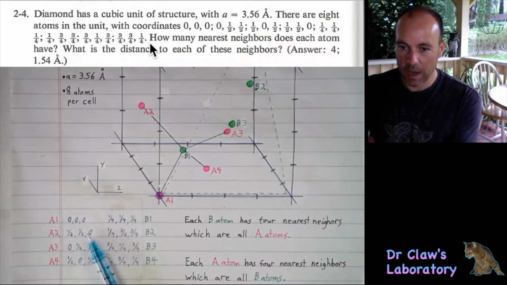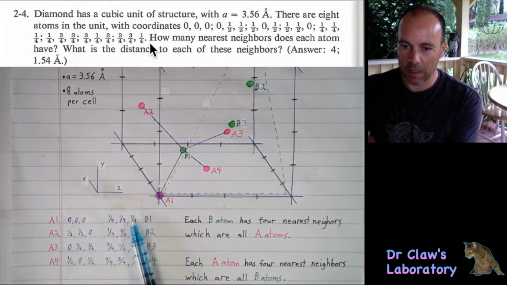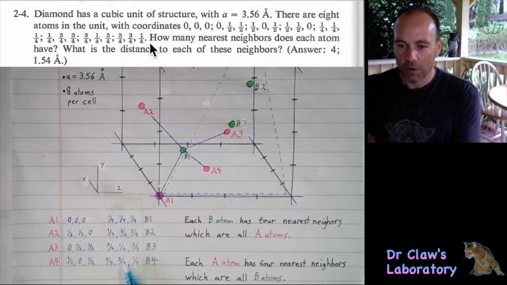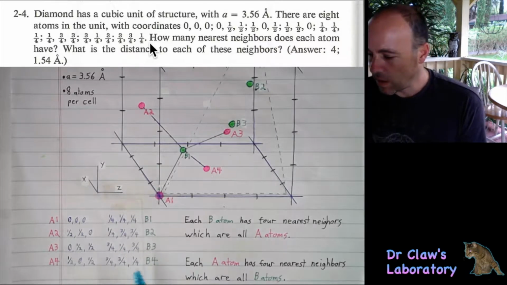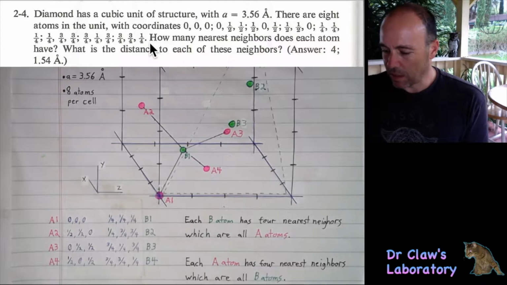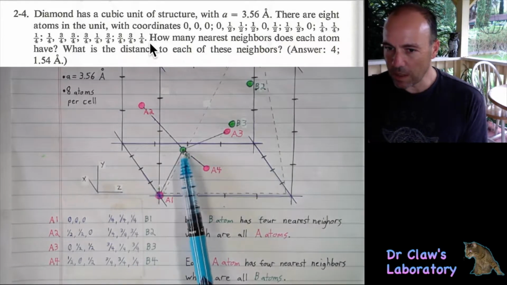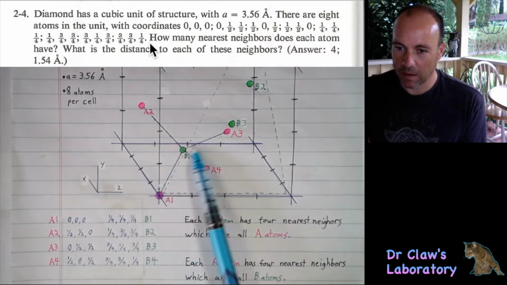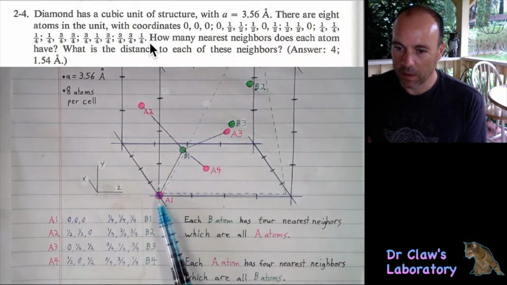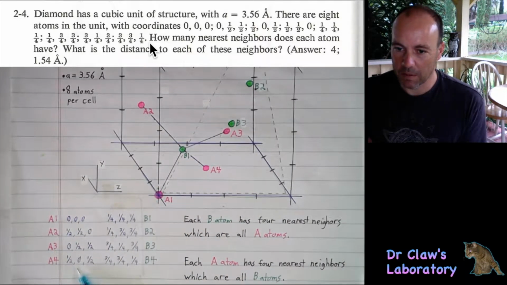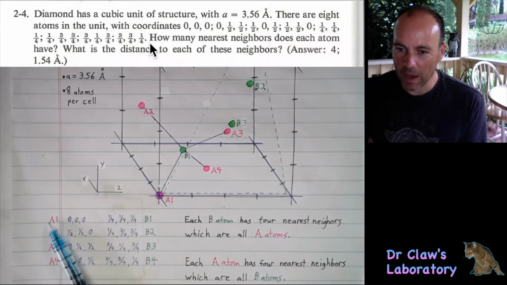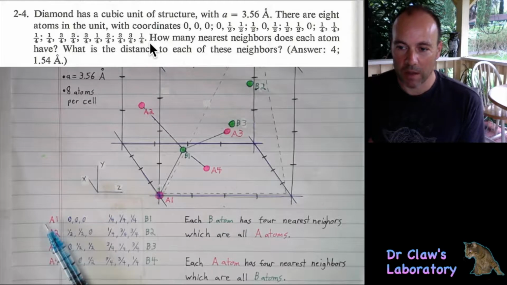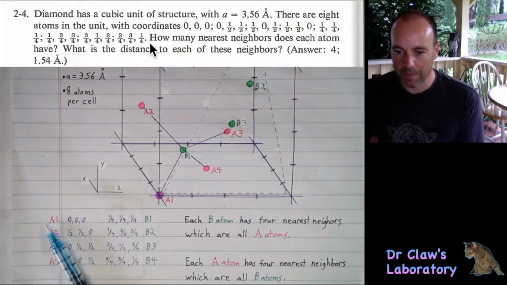All right, so the A's are color-coded pink and the B's are color-coded green. Now, the reason for that is because each of these atoms, for instance, B1, is surrounded by 4 of the atoms of A. And each of the pink atoms are likewise surrounded by 4 green atoms.